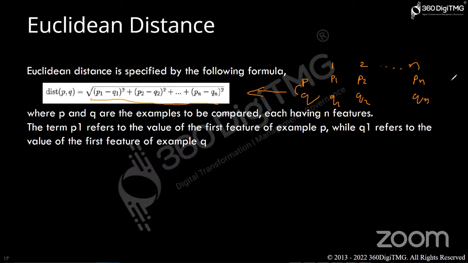So there are n features in total. The term P1 refers to the value of the first feature of example P, while Q1 is the first feature for Q. Using this, we can find the distance between the two.